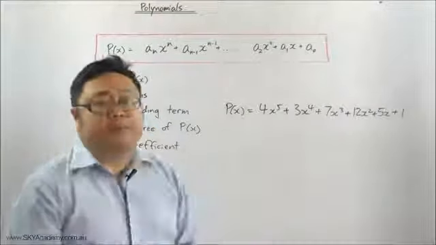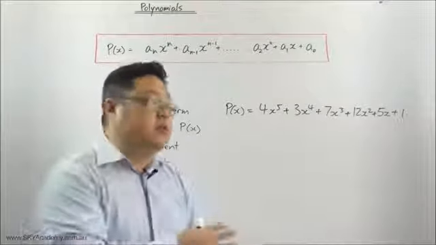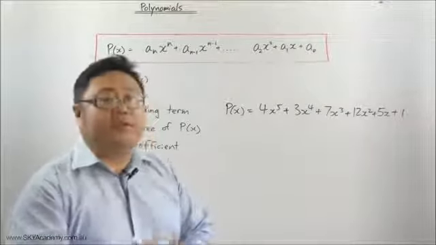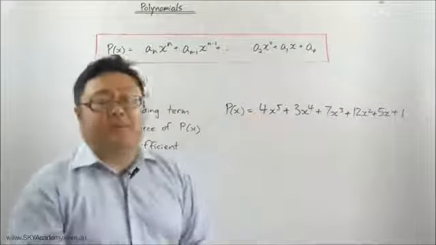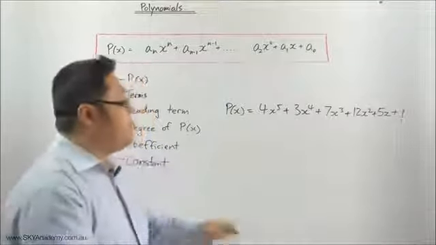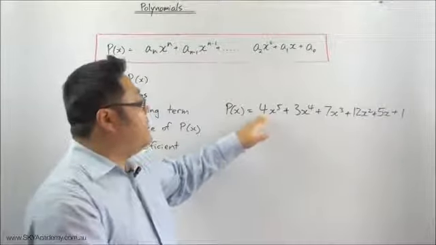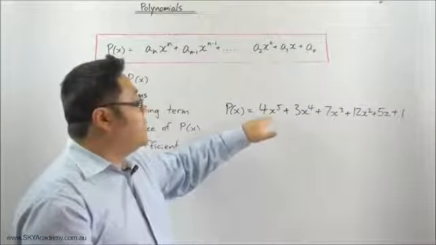It is also possible to have irrational coefficients, all right? And if some of you are doing extension 2, you will also find that it is possible to have complex coefficients, okay?